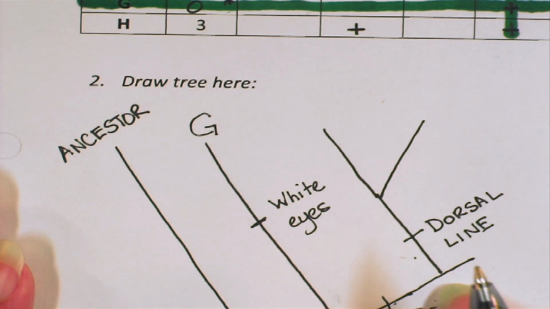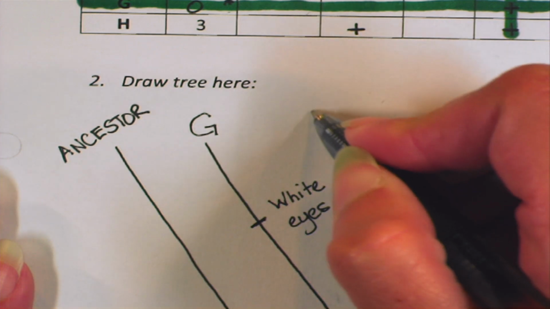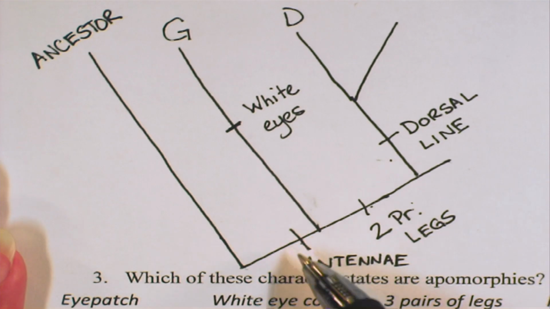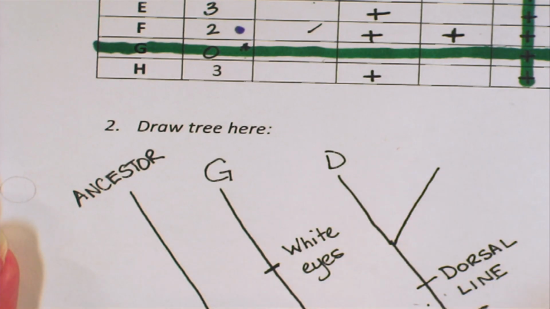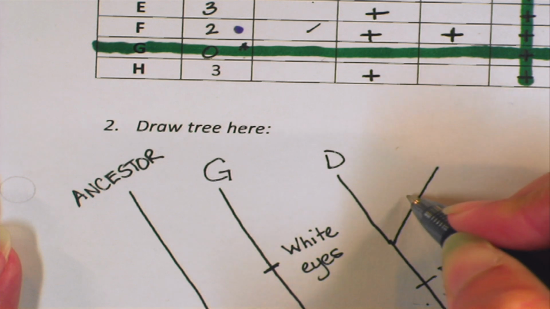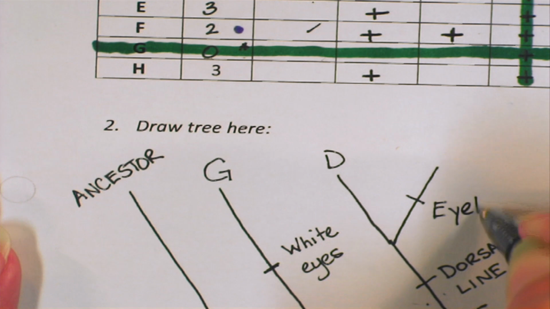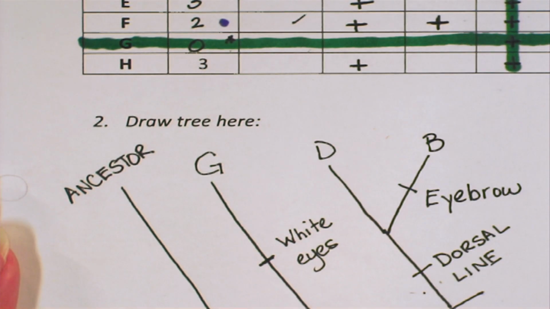We'll come down here, we'll say dorsal line, I'll keep going up, and I'll go ahead and put D there. So that means that D is just like the ancestor, except it has 2 pairs of legs and a dorsal line. Now B is also just like the ancestor, except for the fact that it also has an eyebrow. So you have to put the eyebrow right there, as shown.